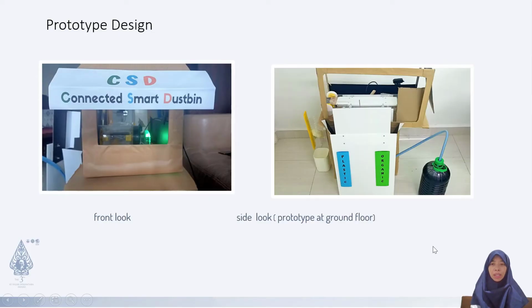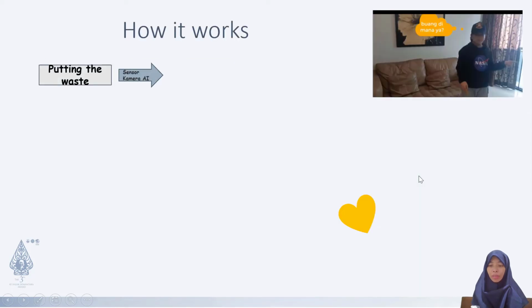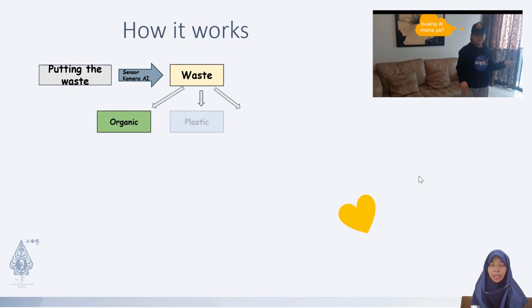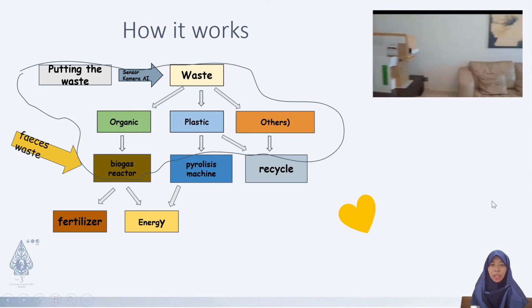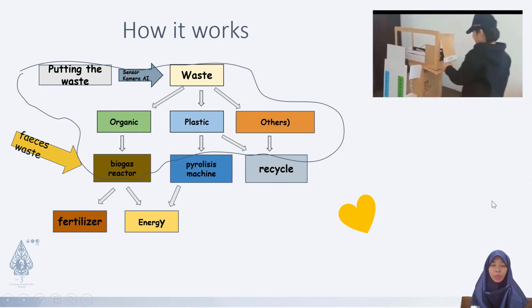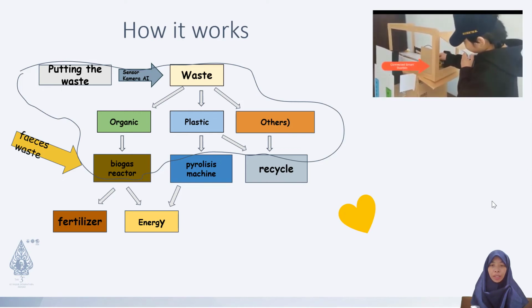This is the prototype design, front look and side look, on the ground floor. How does it work? When we put in the waste, the camera will sense the waste and divide it into three categories: organic, plastic, or other. Organic waste will be connected to the biogas reactor.